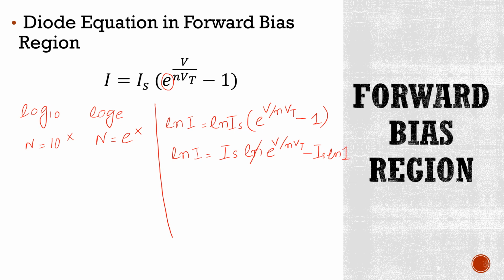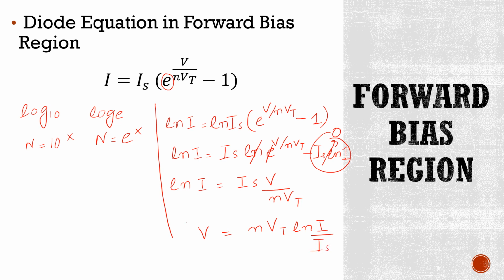Here this ln is cancelling this e, and we know that the natural log of 1 is 0, so this whole term becomes 0. Now you'll get ln I is equal to Is V divided by nVt. Now by rearranging we get V is equal to nVt ln I divided by Is. So this is another way of writing diode equation in terms of V.